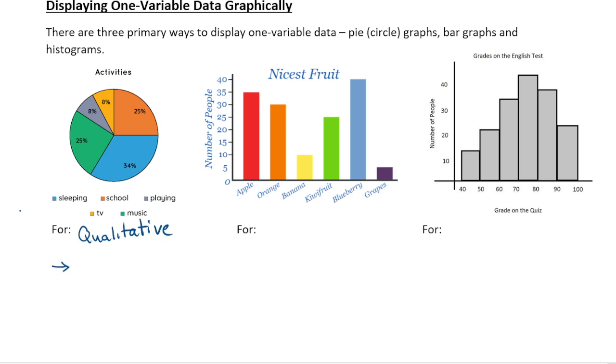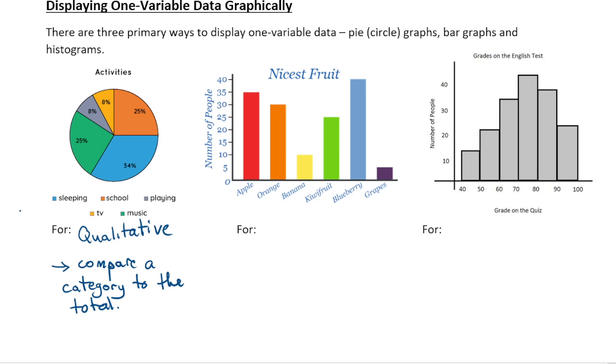But the big value, what it's for, is when we want to compare a category to the overall total or to the whole amount. So pie graphs are great when you want to compare each category to the whole.